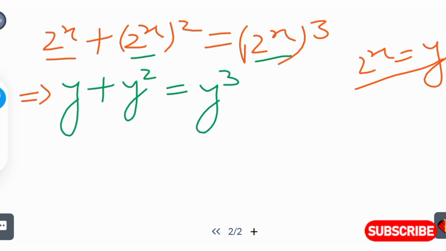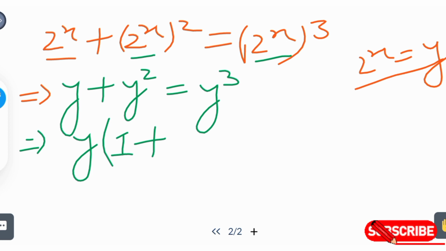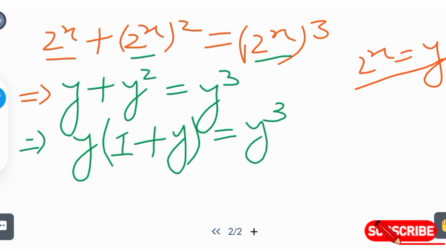All right, now see what we can do here, we can take y common. If we take y common, here will be 1 plus, out of y square we have taken y common, so y will be left, equals to y cube as it is.